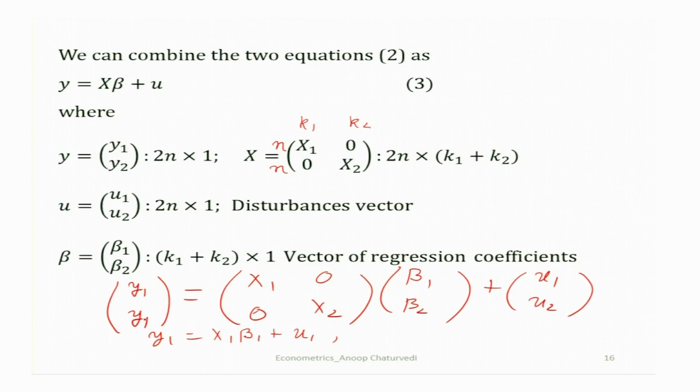Then you get the second equation, y2 equal to 0 into beta1 plus X2 beta2 plus u2. So this is how we are combining the two equations here.